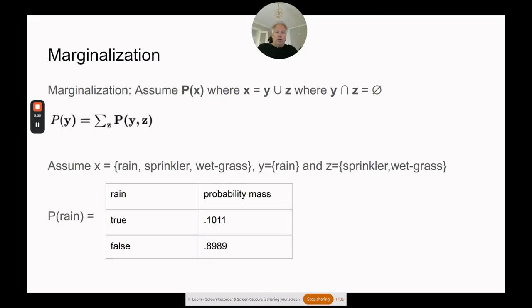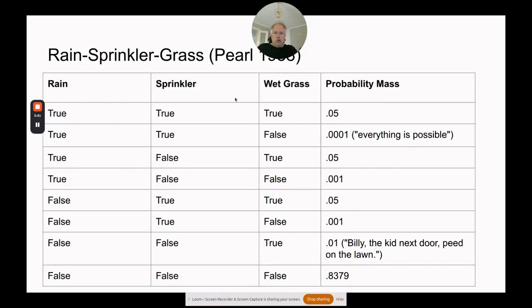So this marginalization generalizes to: what's the probability of it raining and the grass being wet? Well, true and true, so it's 0.05 here, and right here as well. So it's going to be 0.1, raining and wet. You see those are the 2 cases.